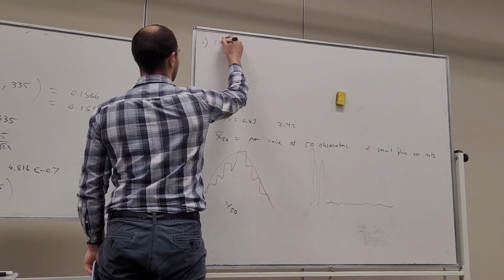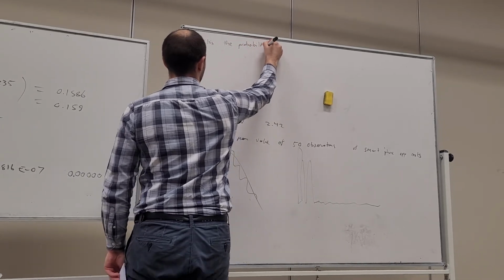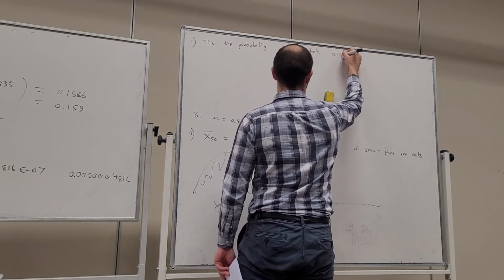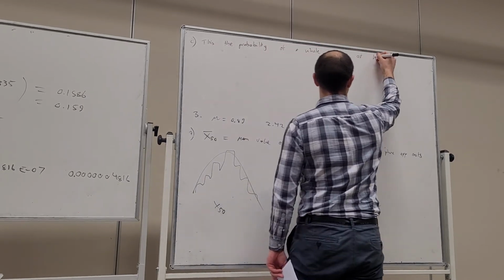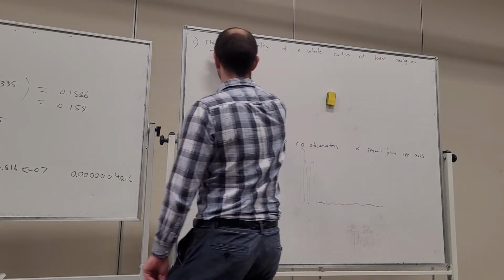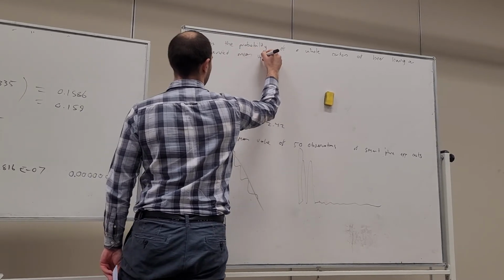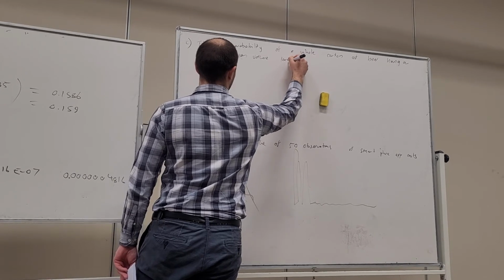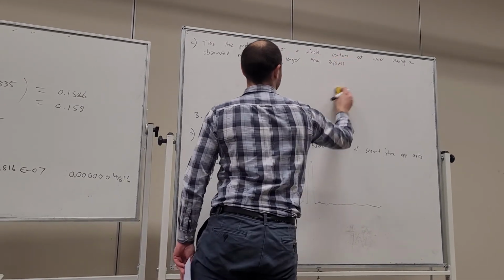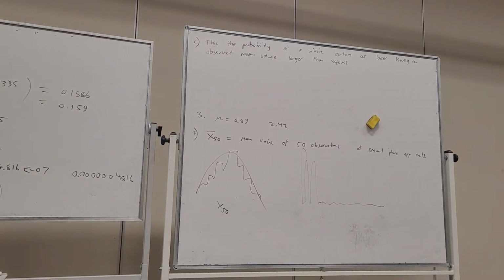This is the probability of a whole carton of beer having an observed mean volume larger than 340 mils. So that's the significance of it.